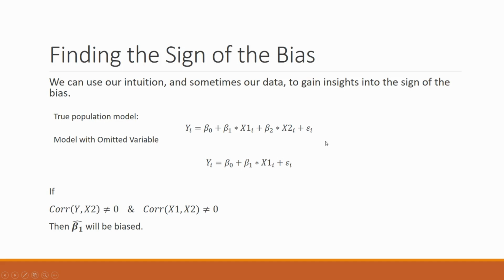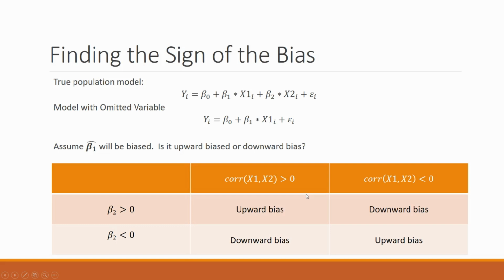Our estimate beta1 hat will be biased if x2 is correlated with y, and if x1 and x2 are correlated. So beta1 hat will be biased if these two things are true. Let's see if we can say whether beta1 will be biased upwards or downwards.